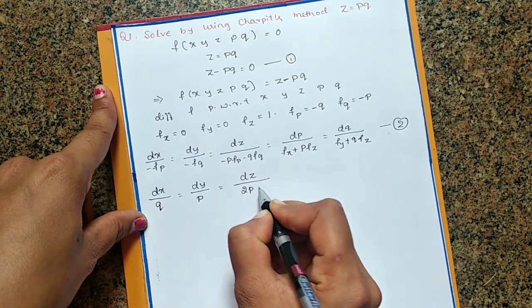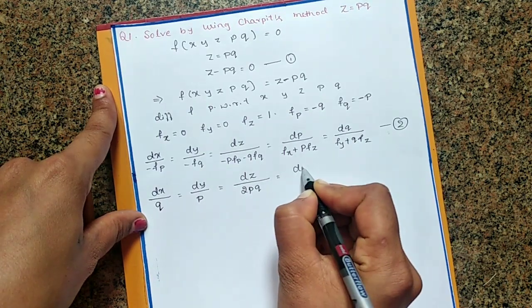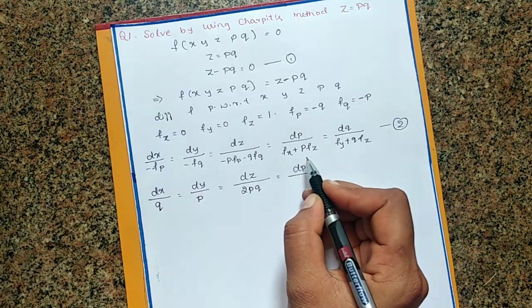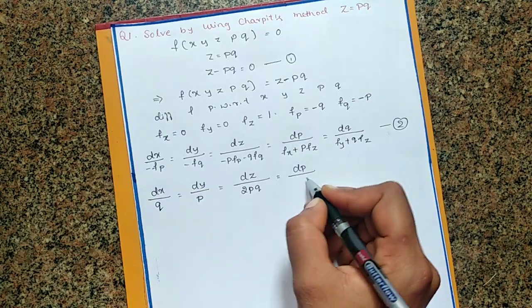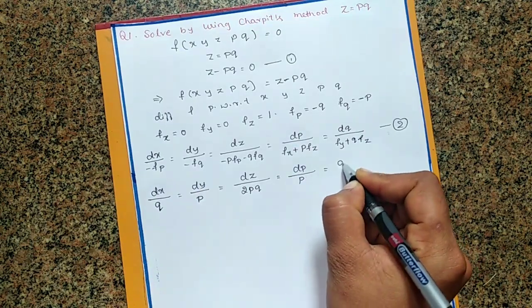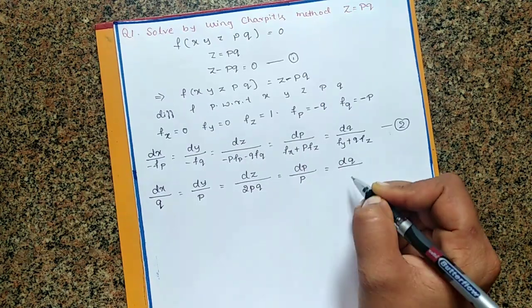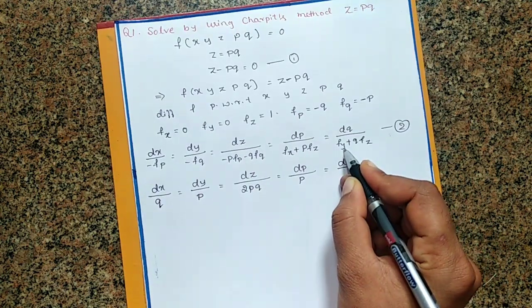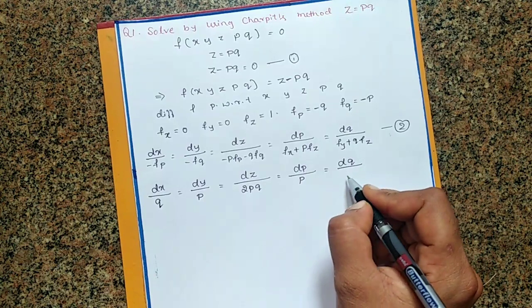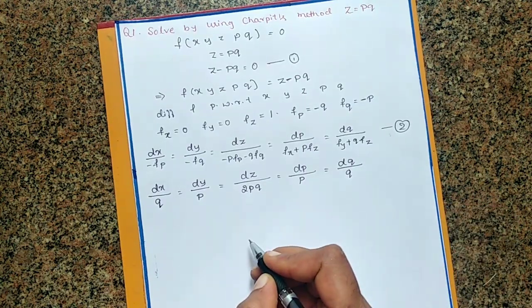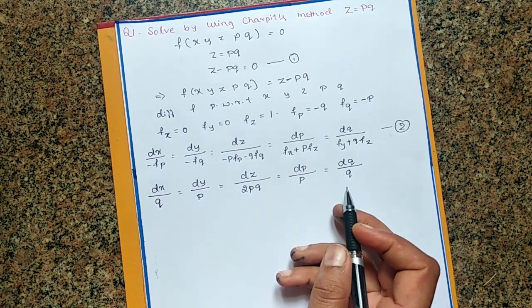So total 2pq, that is equal to dp divided by fx, which is 0, plus p into fz, which is 1, that is equal to dq divided by fy, which is 0, plus q into 1, which is q. Then we have to find the values of p and q.